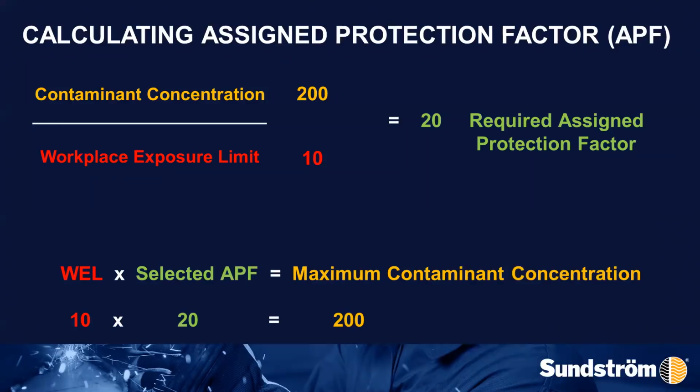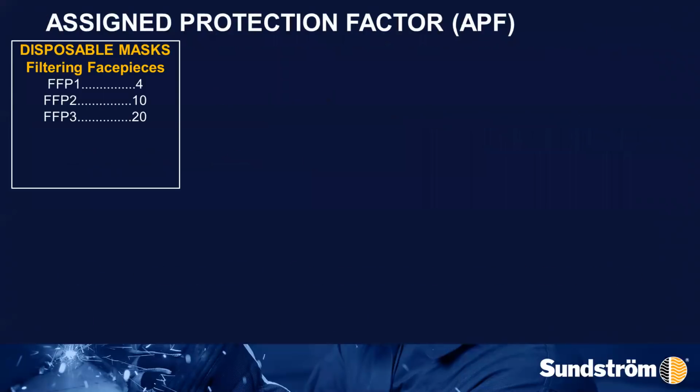In this instance, it happens to be exactly the same. Every mask has its own assigned protection factor. So we will talk more about this in the second session in November.